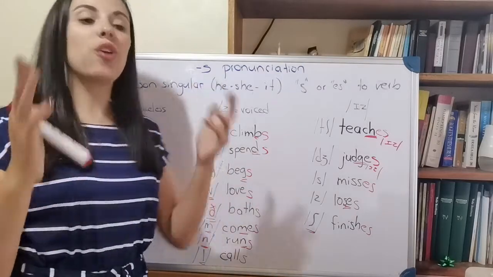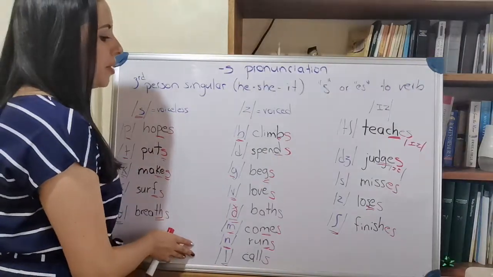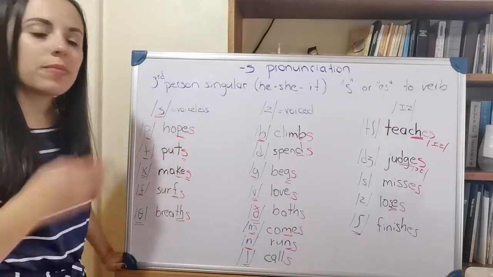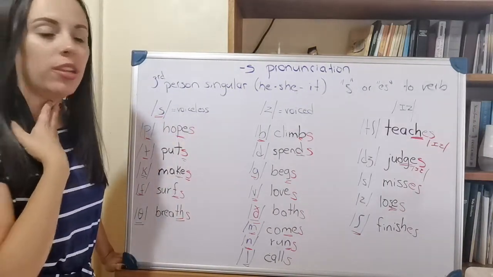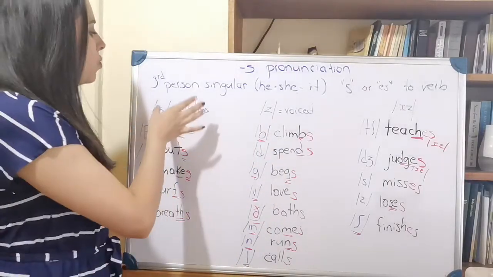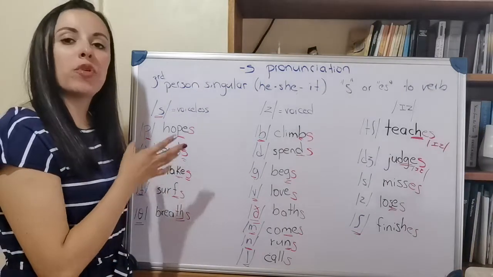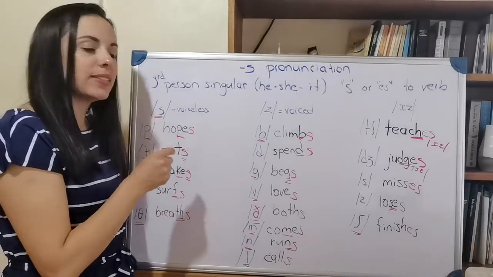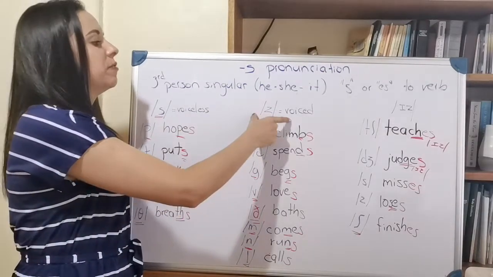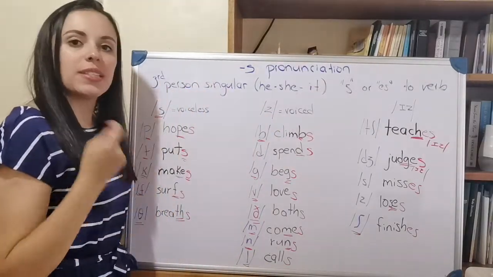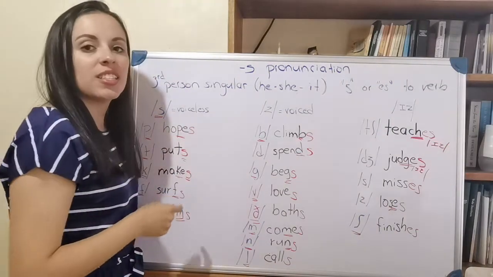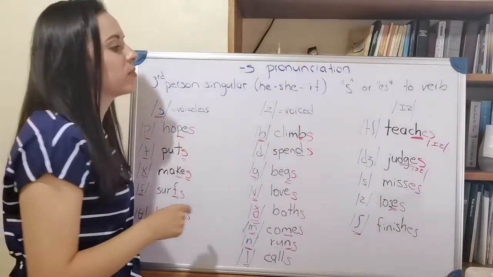Okay, so those are the rules. Remember, voiceless sounds have no vibration. Voiced sounds have vibration. When the verb ends with a voiceless sound, we add the S and it is pronounced as S. When the verb ends with a voiced sound, we add the S and it is pronounced as Z. Okay?